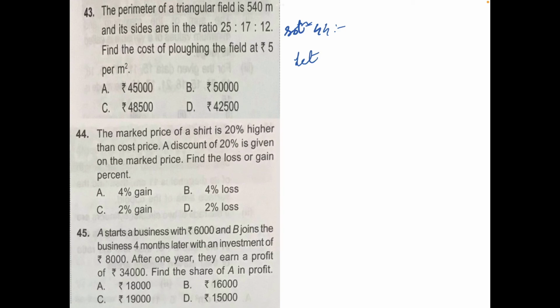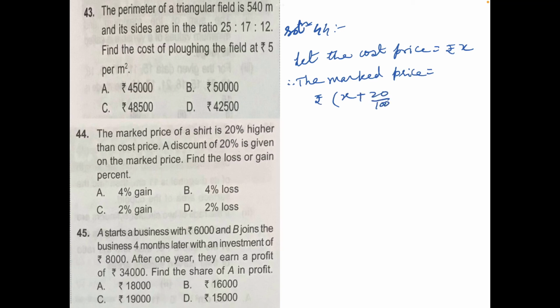Let the cost price be rupees X. Now since the marked price is 20% higher, that means more than the cost price, the marked price is equals to rupees X plus 20 by 100 into X. That will be, if I take out LCM, so it will be 120 X by 100.